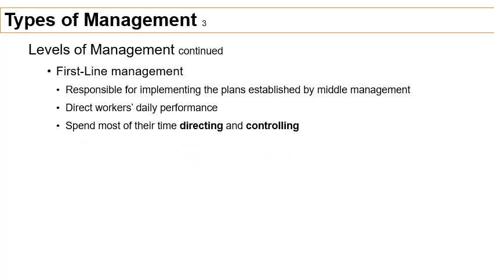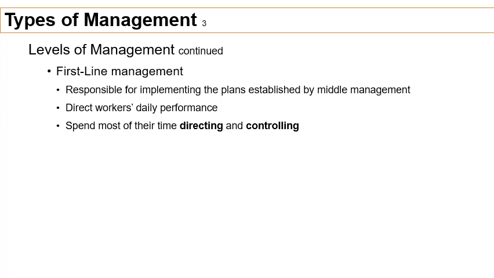Now, then we have first line management. And first line management are going to spend most of their time directing and controlling workers. So their job, it's not so much to lay out the plans, but to make sure that the plans that have been laid out by middle management get actually done. They get accomplished.